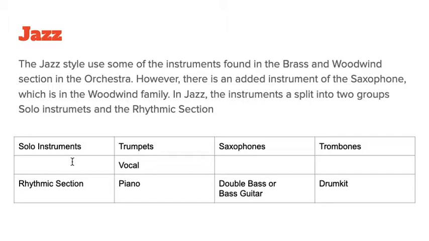Then you have your rhythm section, which is piano, the double bass or the bass guitar, and the drum kit. Those 3 are the ones that ultimately keep the rhythm. They also keep the foundation to the chords or the harmony that's being played below. So when you talk about jazz instruments, you're talking about them in 2 types: the solo instruments and the rhythm section.